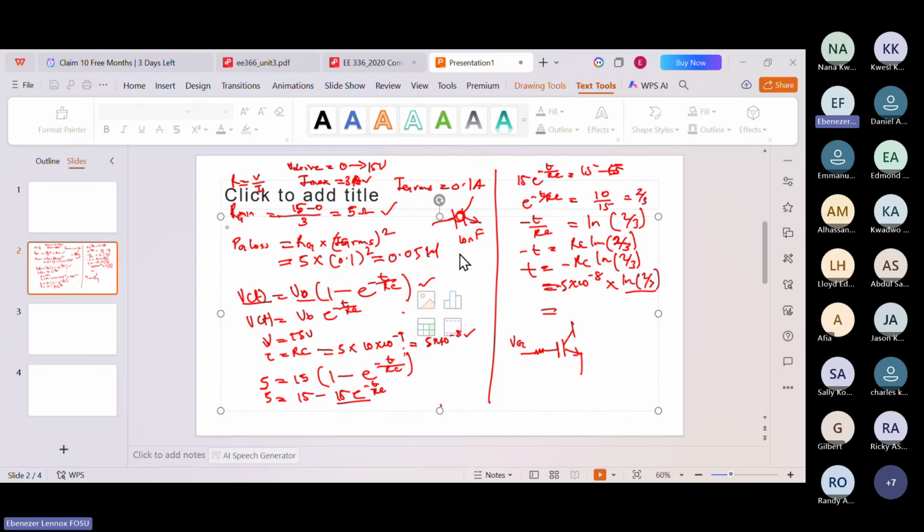The B part says we should calculate the average and RMS values of IQ and then the average value of ID. So please take note of the waveform. When calculating average, we need the duty cycle, so we need to get the T on.